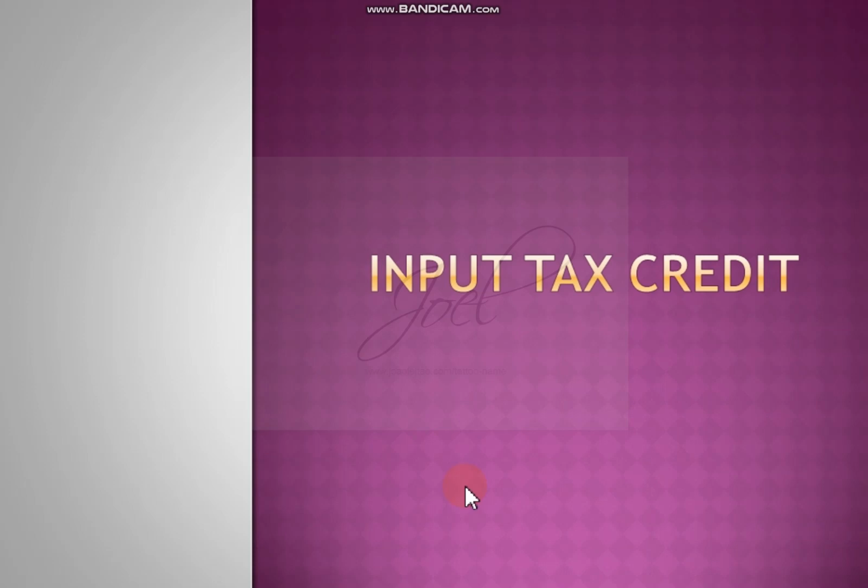That is what we have to consider here. Now we'll see the concept of input tax credit with an example.